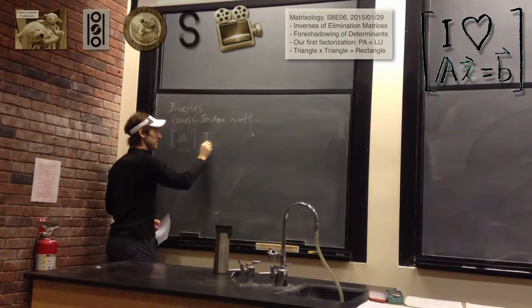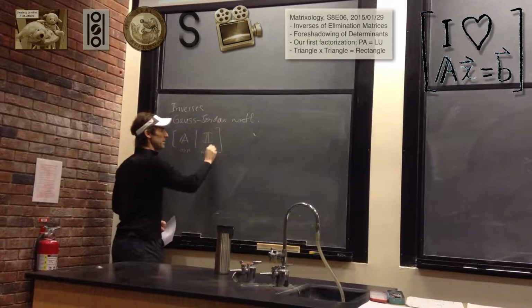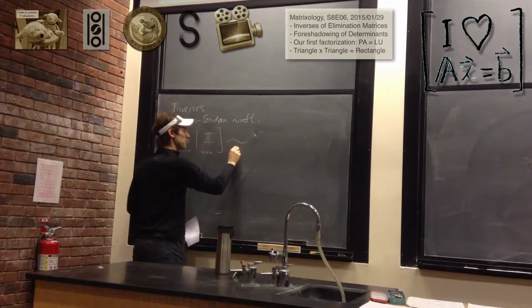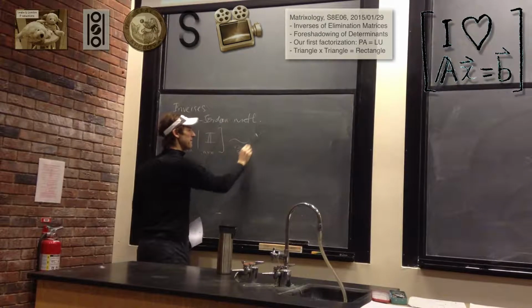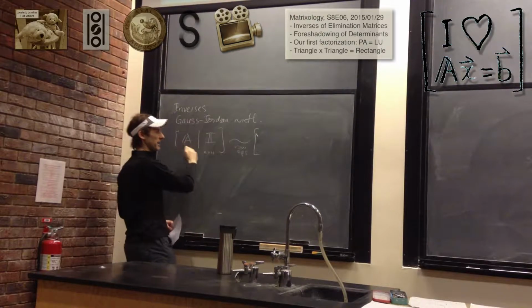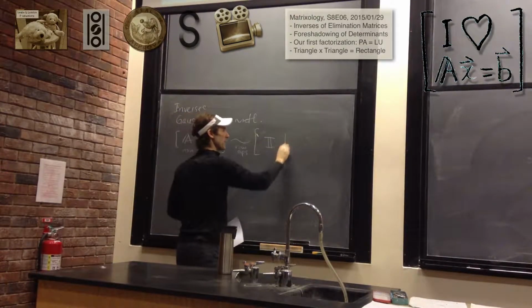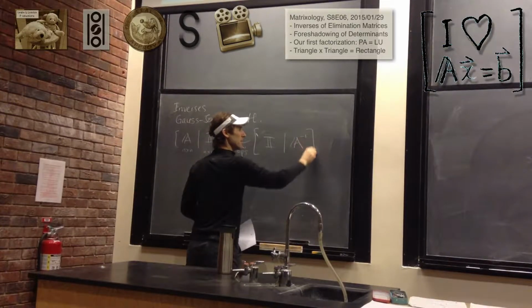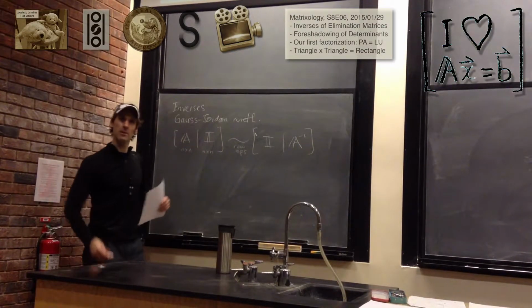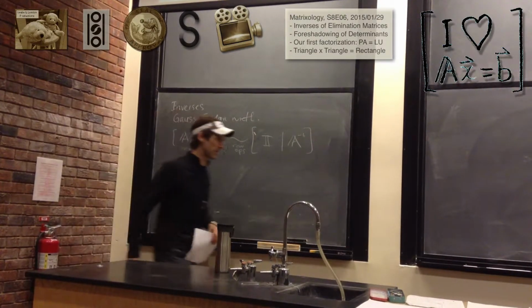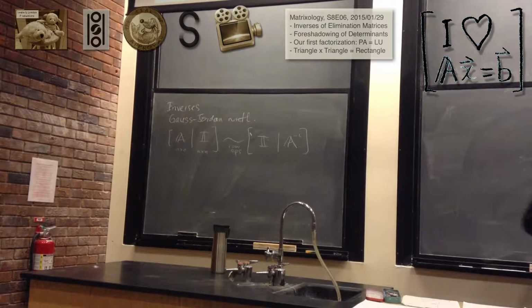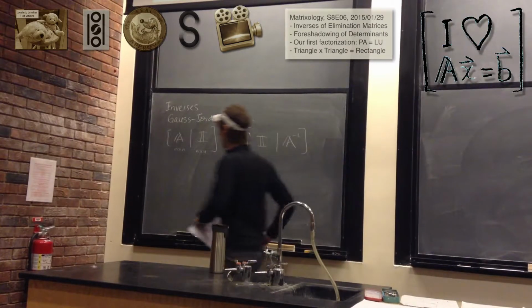We put an identity matrix next to it, make a giant matrix. We do row ops until we arrive. We just work away on the left-hand side until we arrive at this, and we get an A to the minus 1. Pretty amazing. And we explain why this works and how we get a nice inverse that's all happy and good.